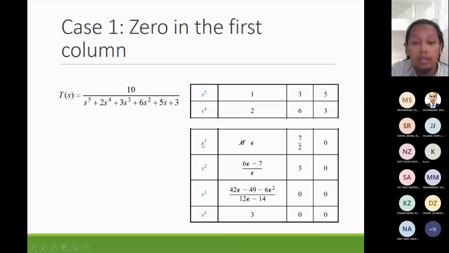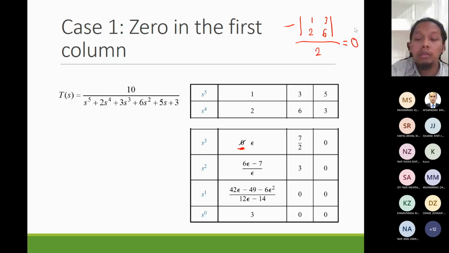When you calculate row S3, you will encounter zero here. So when you calculate the determinant, you get zero. Then you calculate the next column, and you get 7/2, and then zero.